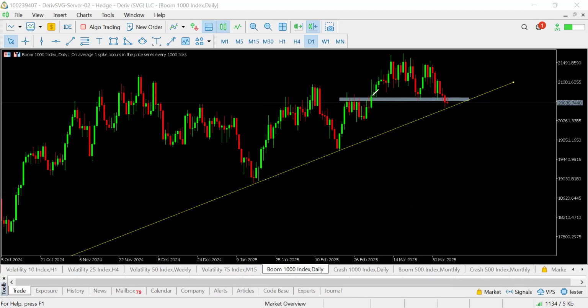So if the market takes out this point, it hasn't entered a downtrend. But if it should take out this part, then comes down, makes a retracement, then it can continue downwards.